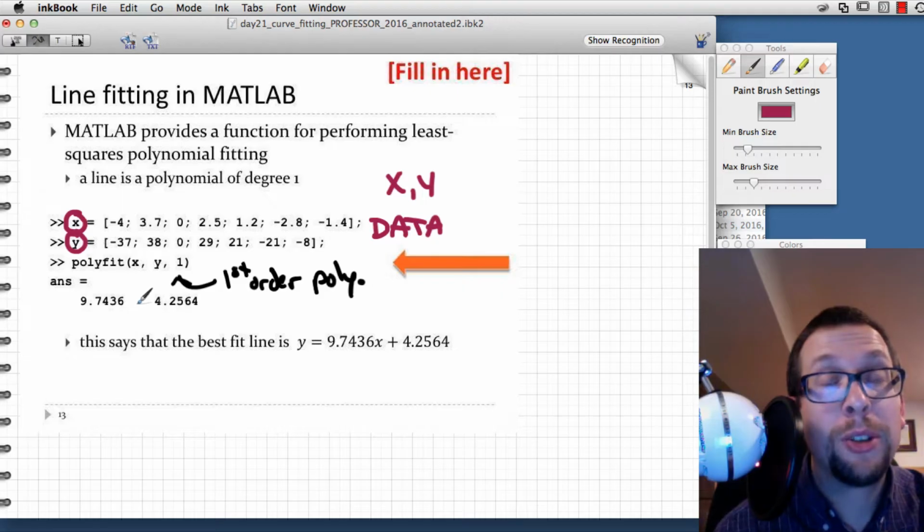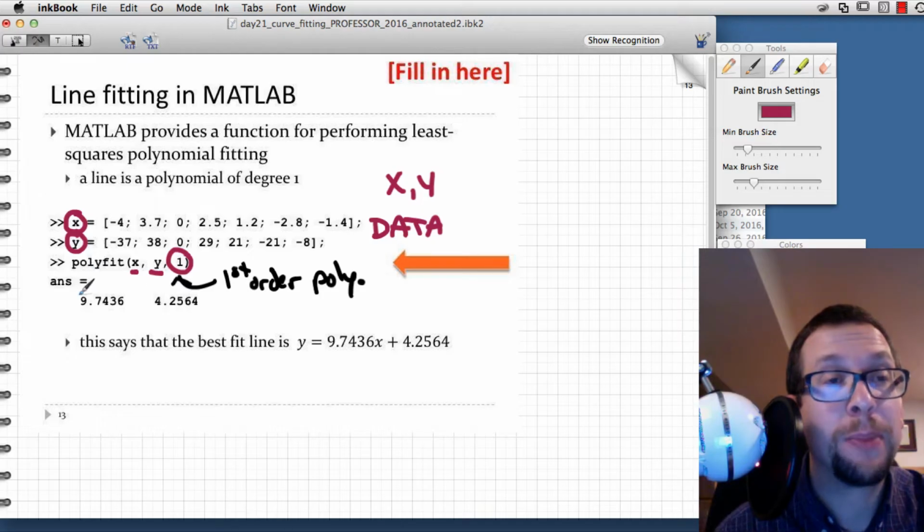From there, we want to know what are the coefficients for a first order or linear polyfit line. And so we say, here is the data that we need, x and y, and we want an order 1 polynomial fit.